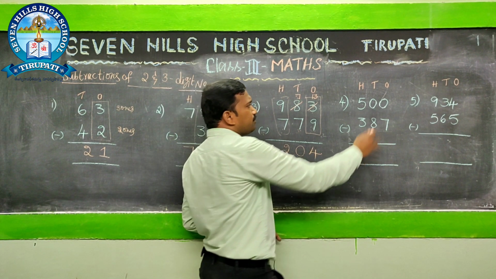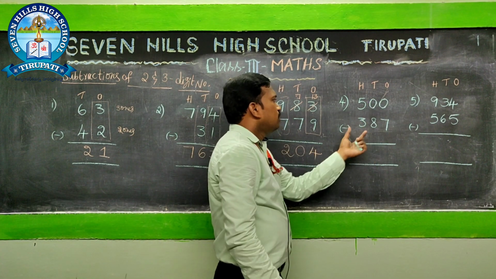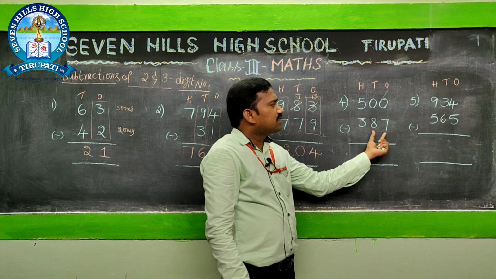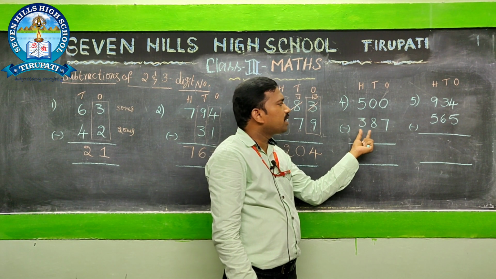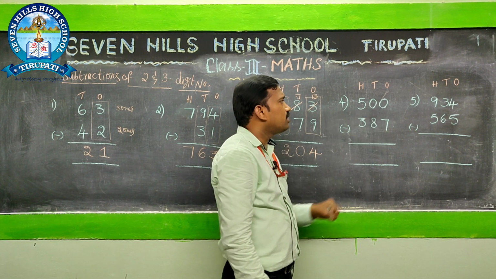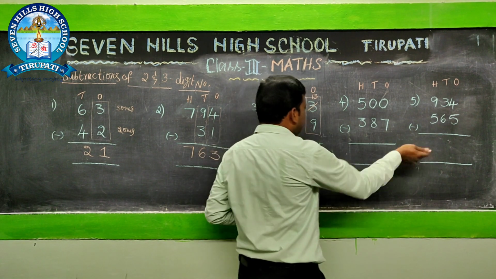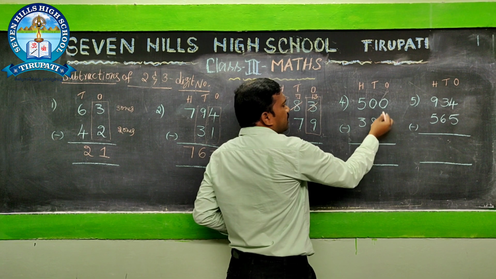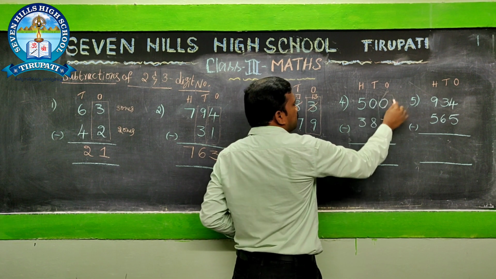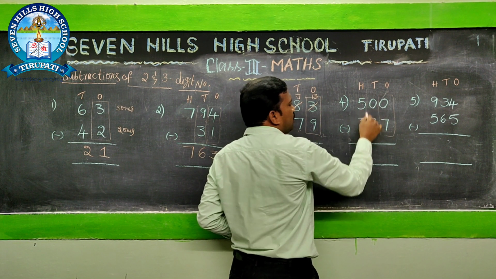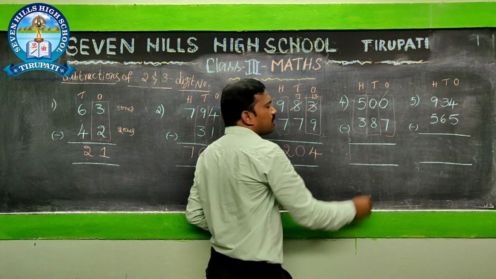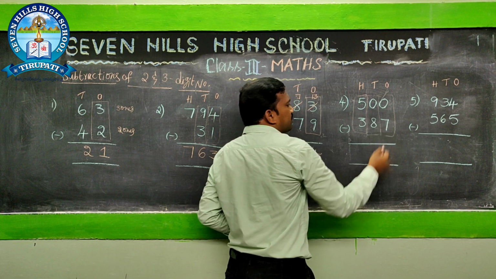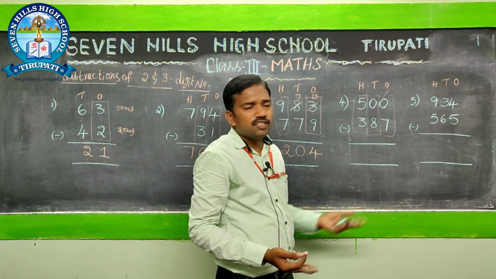Coming to this question, we want to subtract 387 from 500. So here first of all we subtract the ones column, after that the tens column, after that the hundreds column. 0 minus 7, not possible, right?